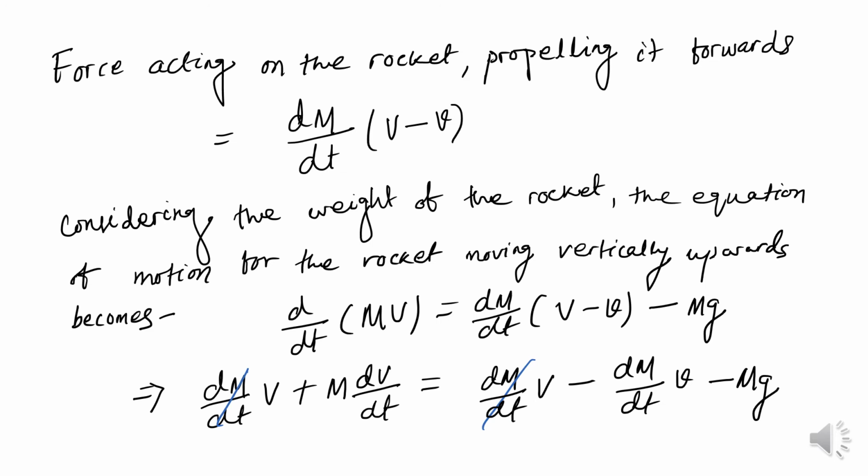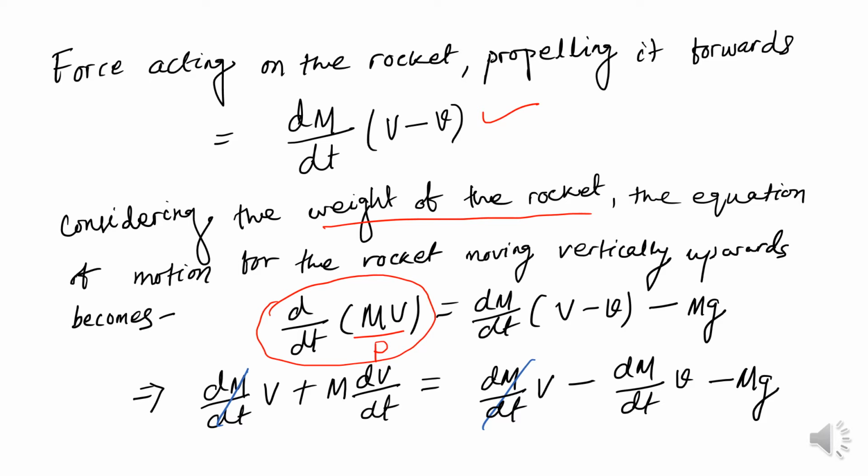So the force acting on the rocket propelling it forward is calculated to be dm/dt (V minus v). Now, if we consider the weight of the rocket as well, the equation of motion for the rocket moving vertically upward can be given by d/dt of (MV), the linear momentum of the rocket, where M is the mass of the rocket at an instant of time, and V is the velocity of the rocket at any instant.